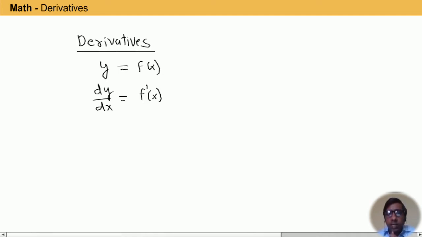To find the derivative of a function y equal to f(x), we can use the slope formula, delta y over delta x, change in y over change in x. And we can use the same method to work out the derivatives of some other function like sine, cosine, logarithmic, exponential, etc.